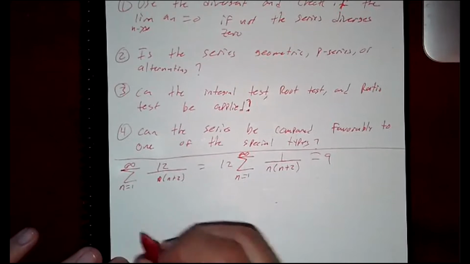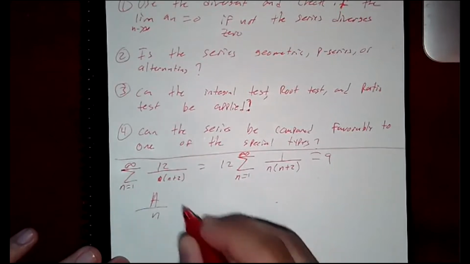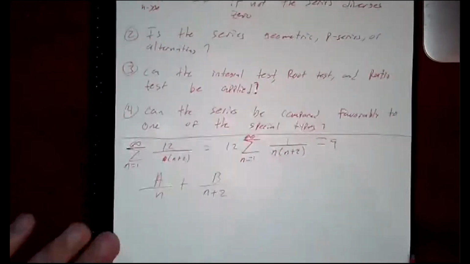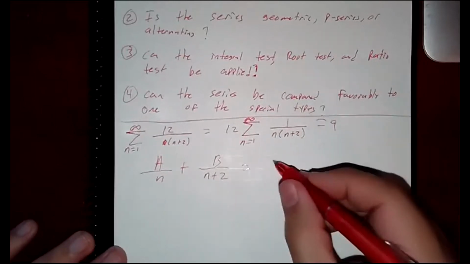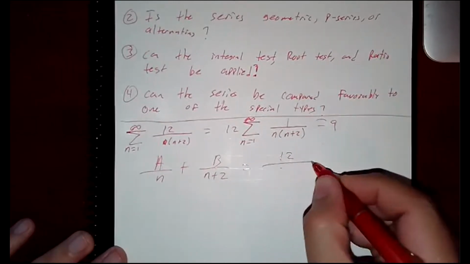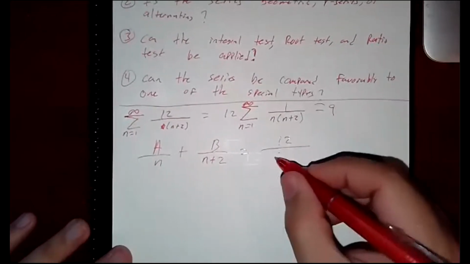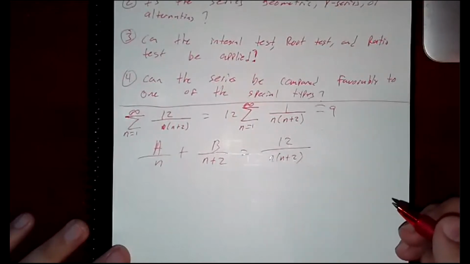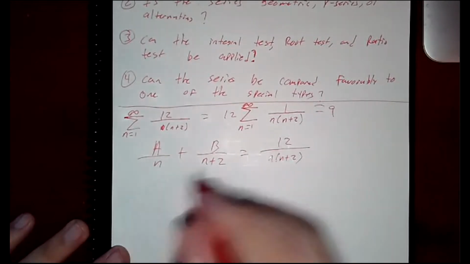So what they do is they separate this and solve for A and B. Isn't that minus? It looks like A over n minus B over n.